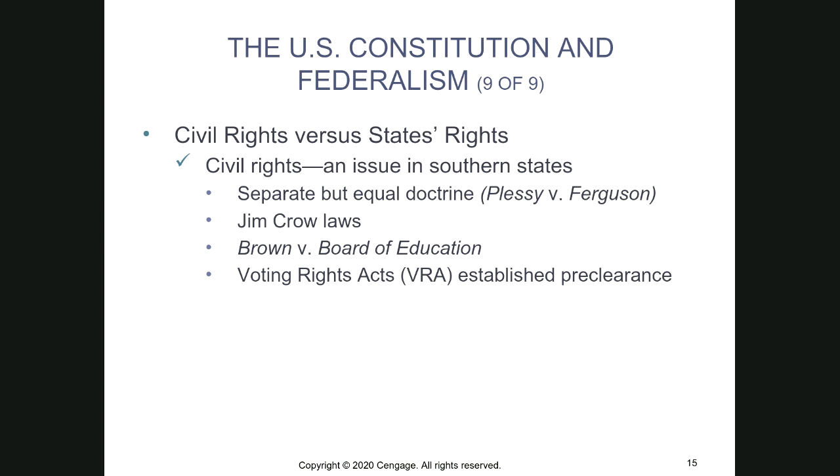They had used literacy tests, poll taxes, and all those other things that you talk about and study in your history class. As a result, you saw a lot of voter suppression when it came to minority votes. If you made that list, the bad list, then the federal government said, before you make any change to your election law, you've got to come get approval for it first through us.